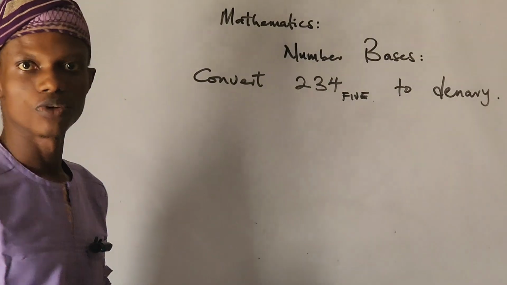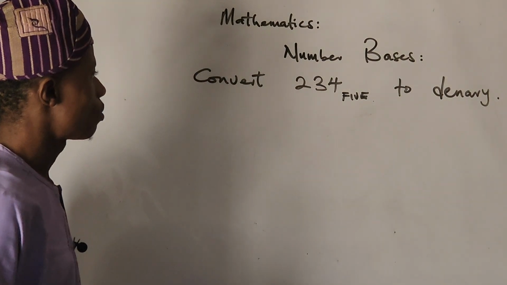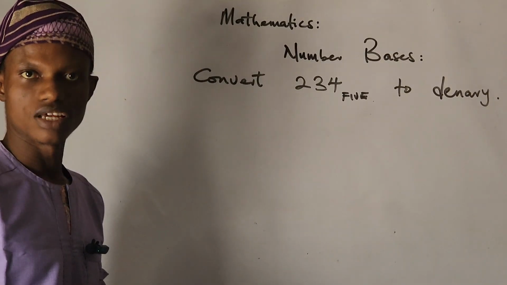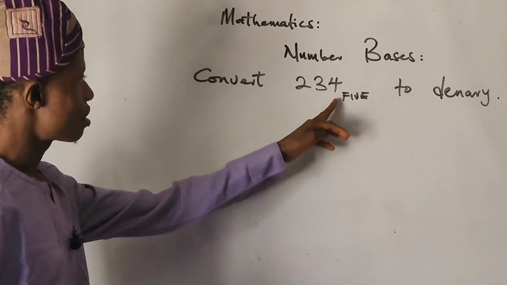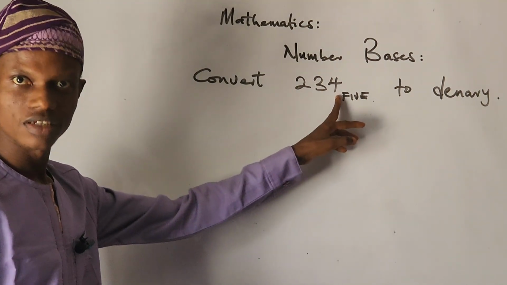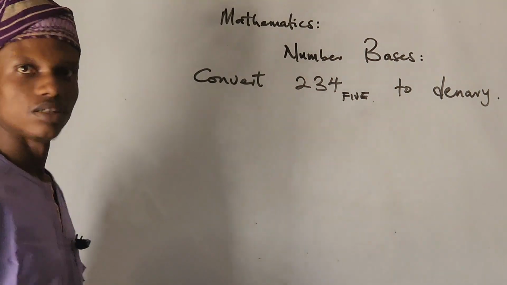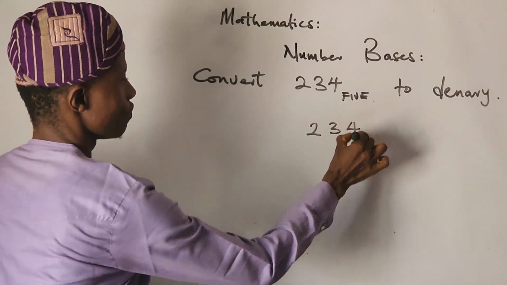We have an example here. Convert 234 base 5 to denary. Now the first step is to assign powers to each digit from left to right. Now take a look at it. 2, 3, 4.